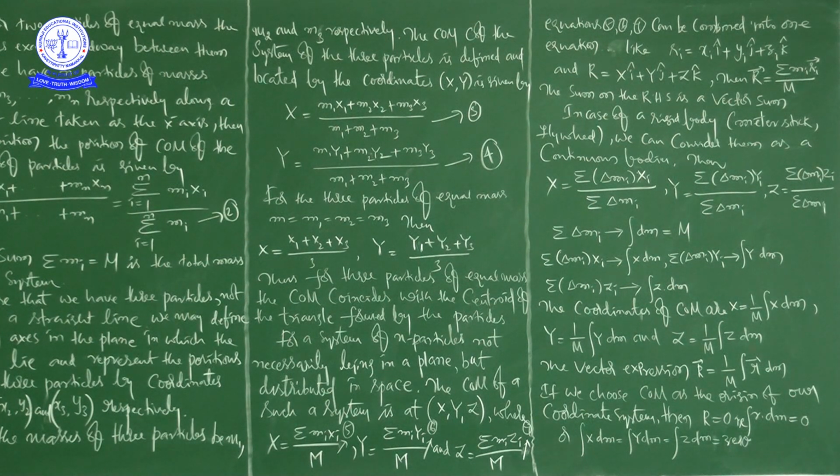There, two children are separated by a certain distance. That is the best example of a two particle system. Where is the position of center of mass? If the children have the same mass, then the center of mass is exactly at the middle of both the children.